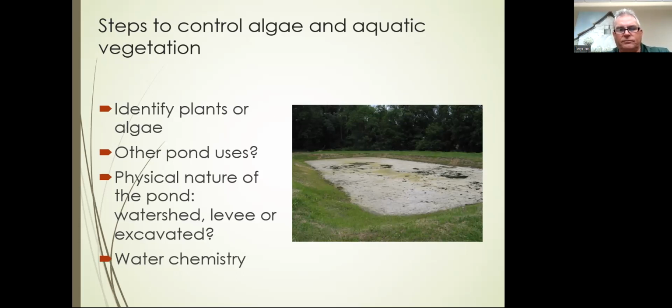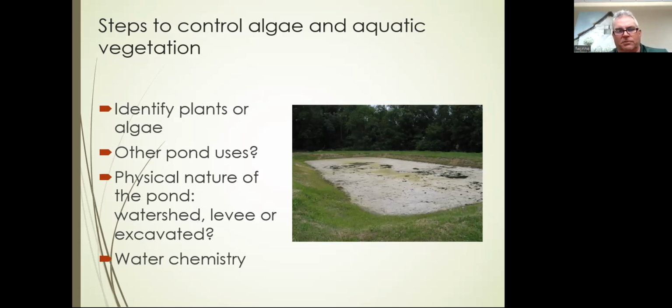So good pictures, good identification is really key to what we're trying to do here. If we've misidentified the plant and go out and buy the wrong chemical, we've wasted time, we've wasted money, and possibly caused a not-so-great environmental situation in the pond just by virtue of using the wrong chemical.